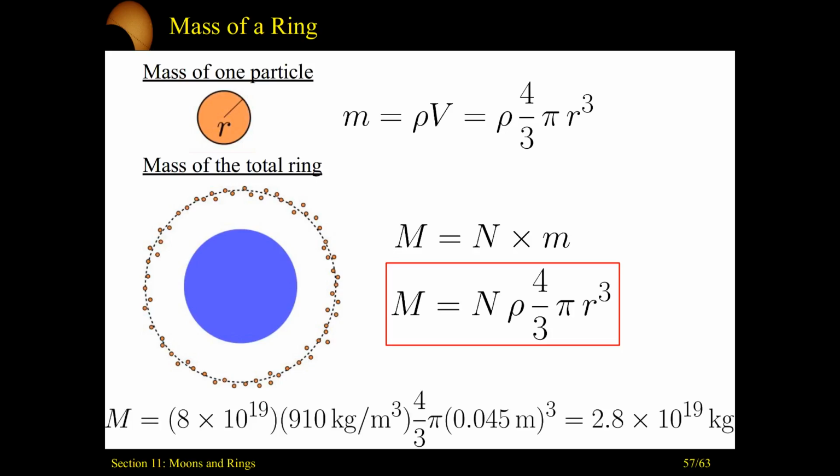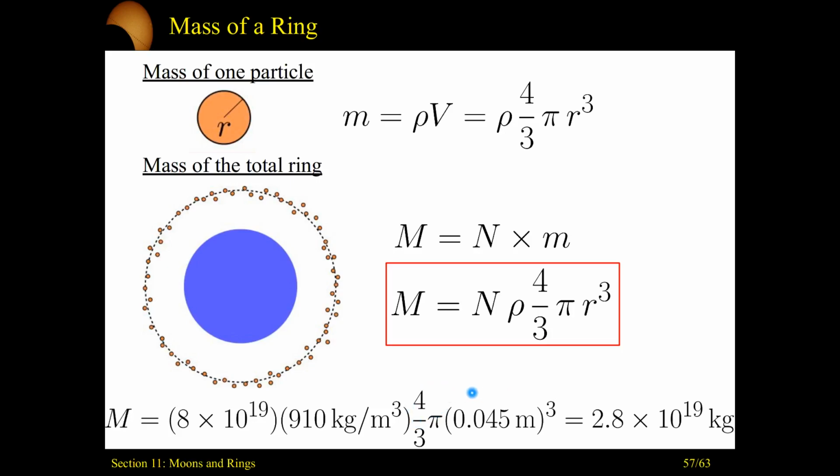So let's pull our numbers out from the beginning of this setup, where we said there were 8 times 10 to the 19th particles. On average, they have a density of 910 kilograms per cubic meter, and a volume of 4/3 pi.